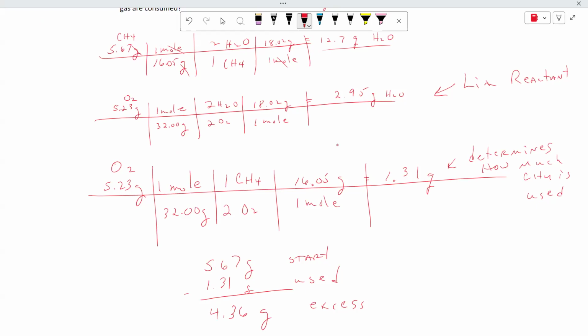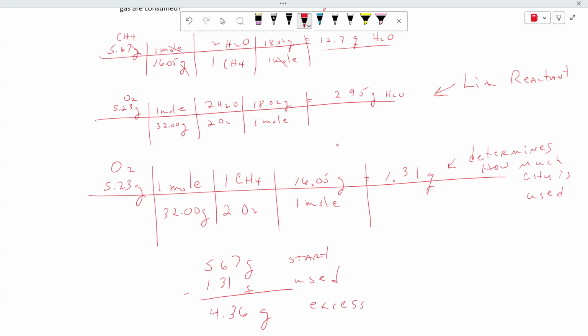Kind of like the whole page, but all of them are the same. Every one of them, step number one is figure out which limits the reaction of the givens. That's the first two calculations here. The smaller one is the limiting reagent. The next thing we have to do is find out how much of the other we used.